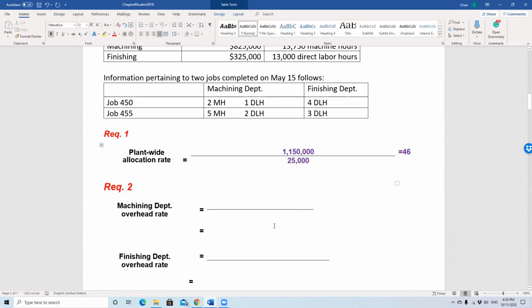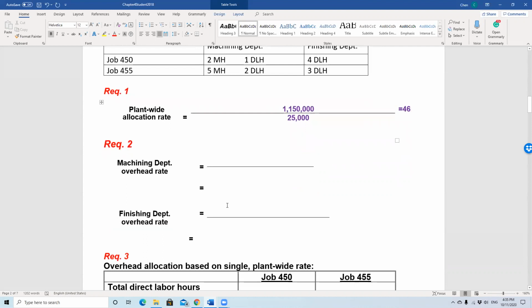And then for each department, we're going to calculate a predetermined overhead rate.